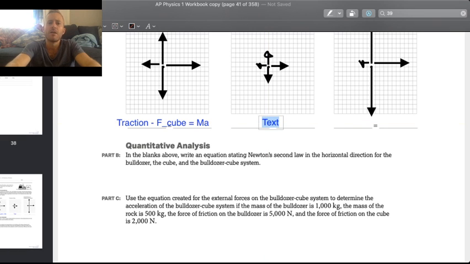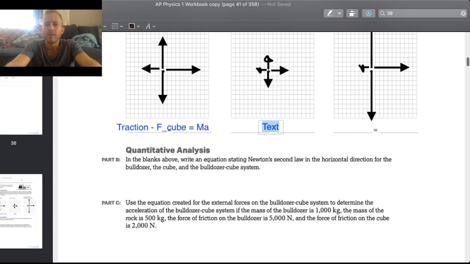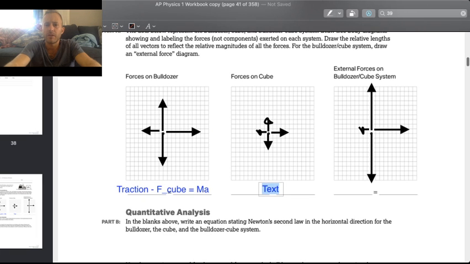Okay. And then if we look at the cube, we have the force from the bulldozer minus the friction equals little ma.